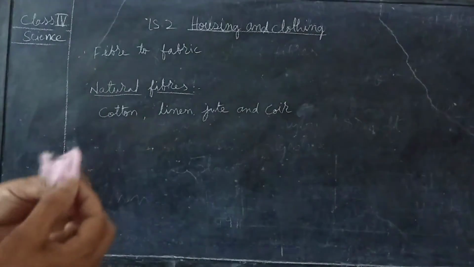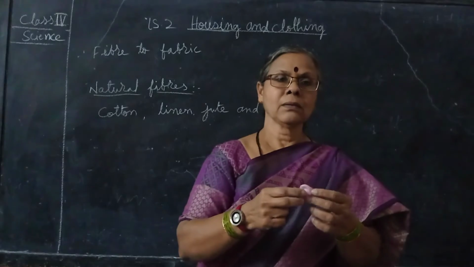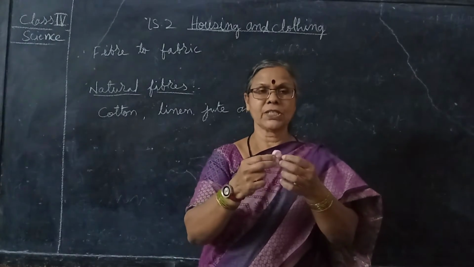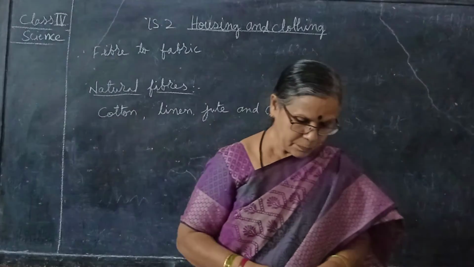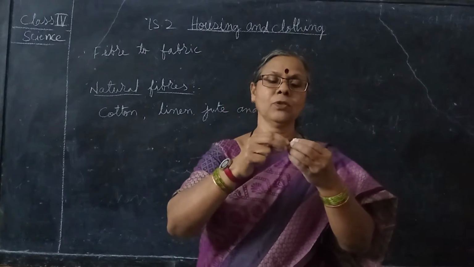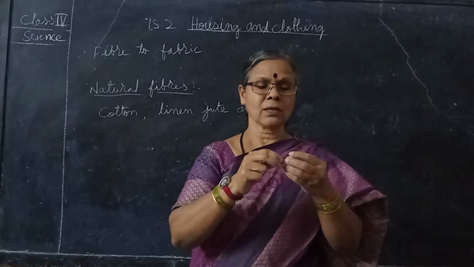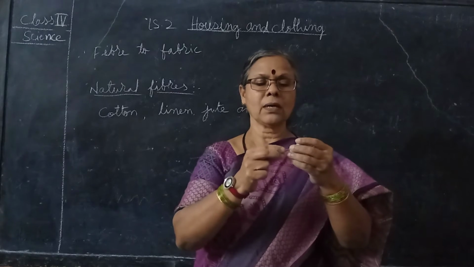Cotton balls have thin fibers called lint. The fiber is spun into yarn. You might have seen Gandhiji's charkha, how they used to spin. That is called yarn.